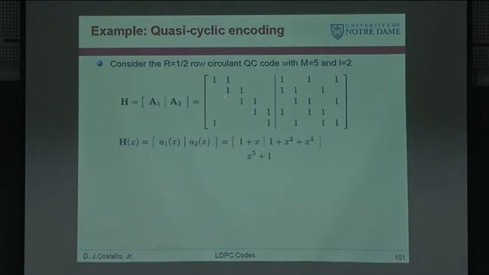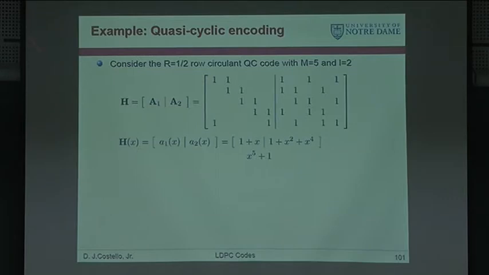So 1 plus x, indicating the first row here, is a complete description of this matrix. And 1 plus x squared plus x to the 4th is a complete description of this matrix. So it's a compact way of representing it, and you see this often if you've ever studied cyclic codes. The generator polynomials are always represented by polynomials like this, because that represents any circulant matrix.